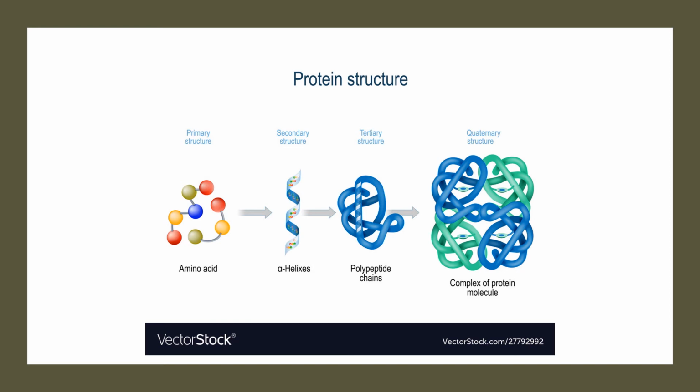In the primary structure, we're starting to bind a chain of amino acids. In the secondary structure, we get some twisting, in the tertiary structure, we get some folding and bending, and then in the quaternary structure, we're binding 2 or more of these polypeptide chains to form the actual functional structure of the protein.